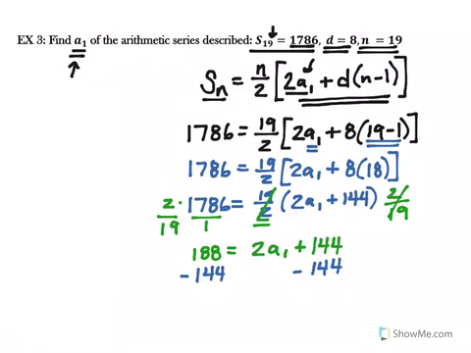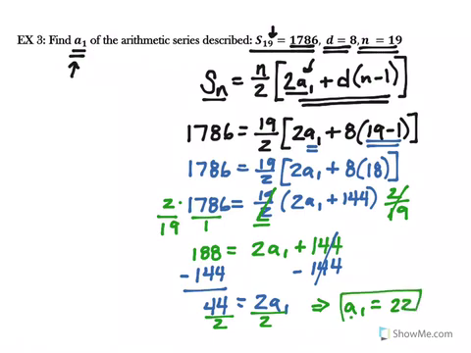Subtract. And that is going to give me 44 on the left and 2 times a sub 1 on the right. And finally, the last thing we want to do here is divide by 2. And we get that a sub 1 is equal to 22. And we are done.